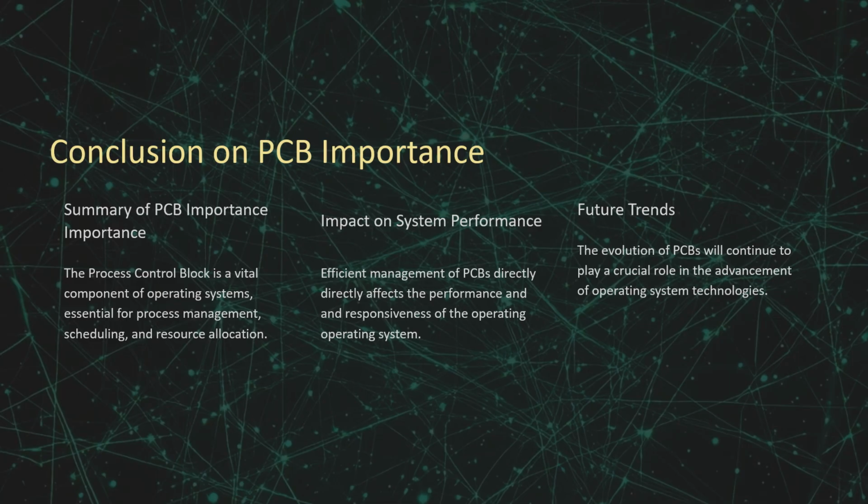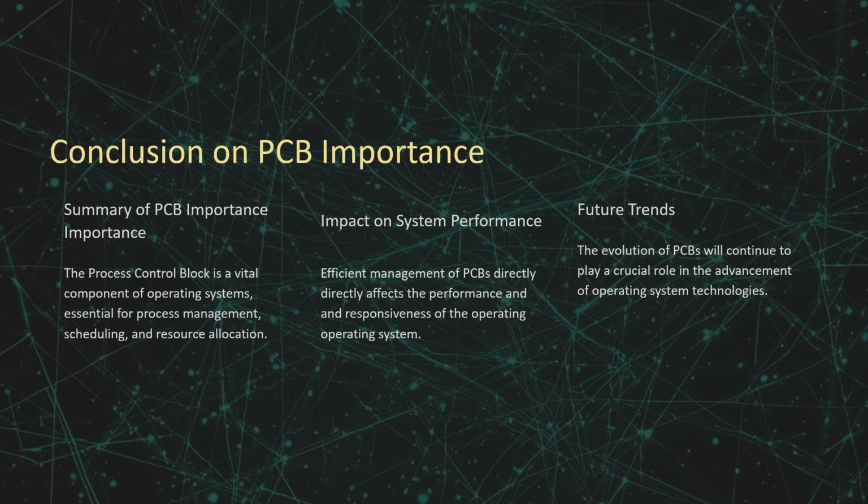Before we move forward to the conclusion on PCB importance, let's quickly recap what we studied about the PCB in this video. What is a process? A program in execution. What is a PCB? Process control block.